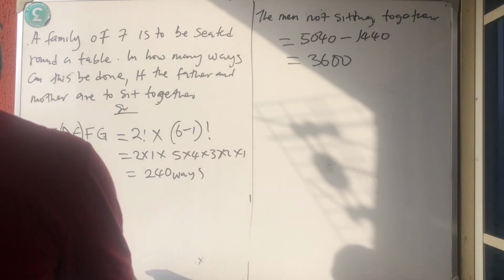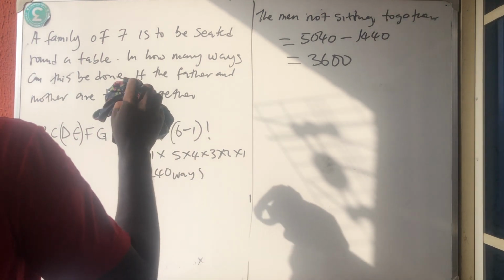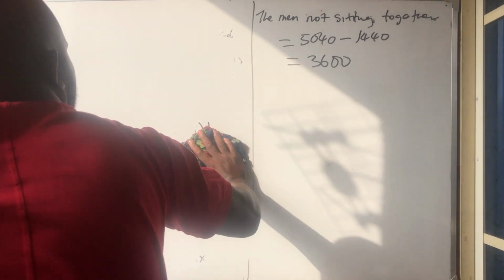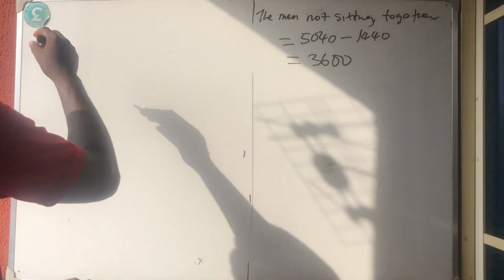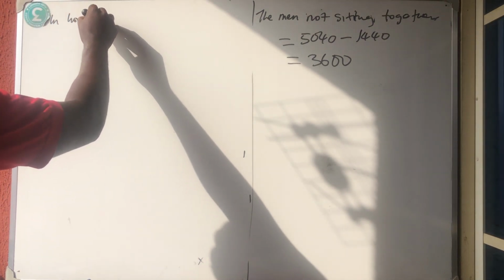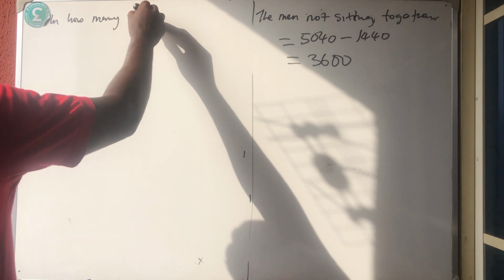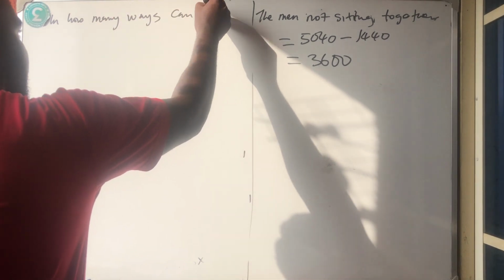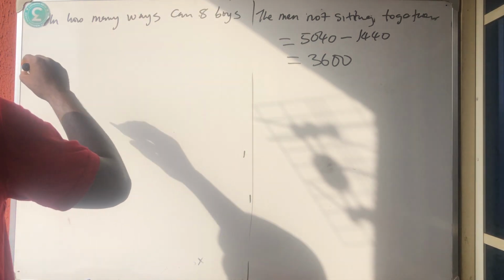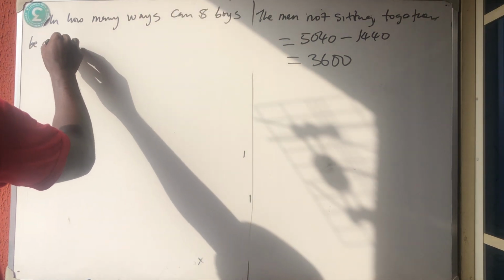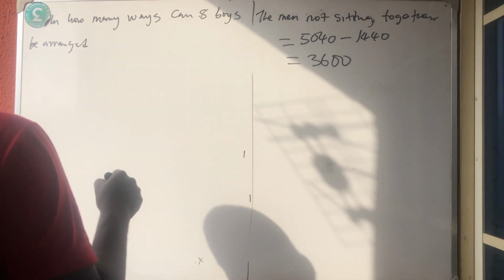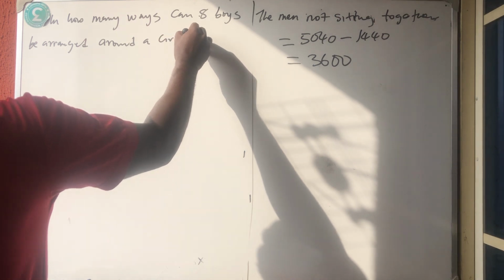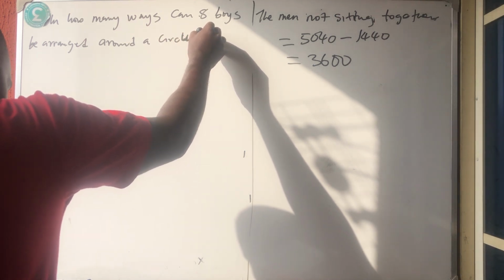Okay, the next one said, in how many ways can 8 boys be arranged around a circular table?